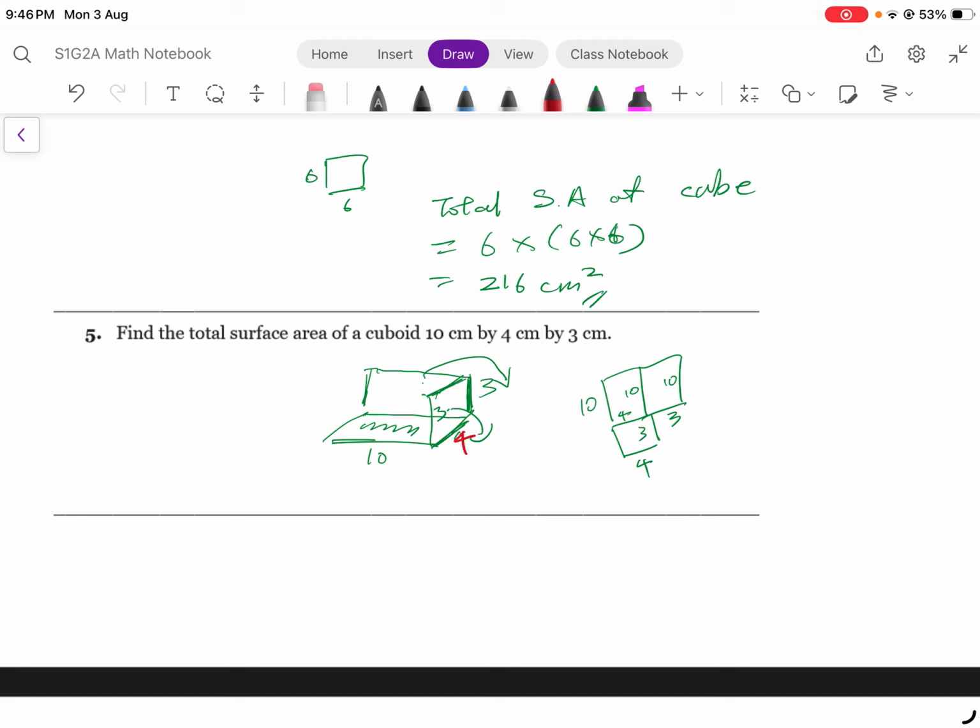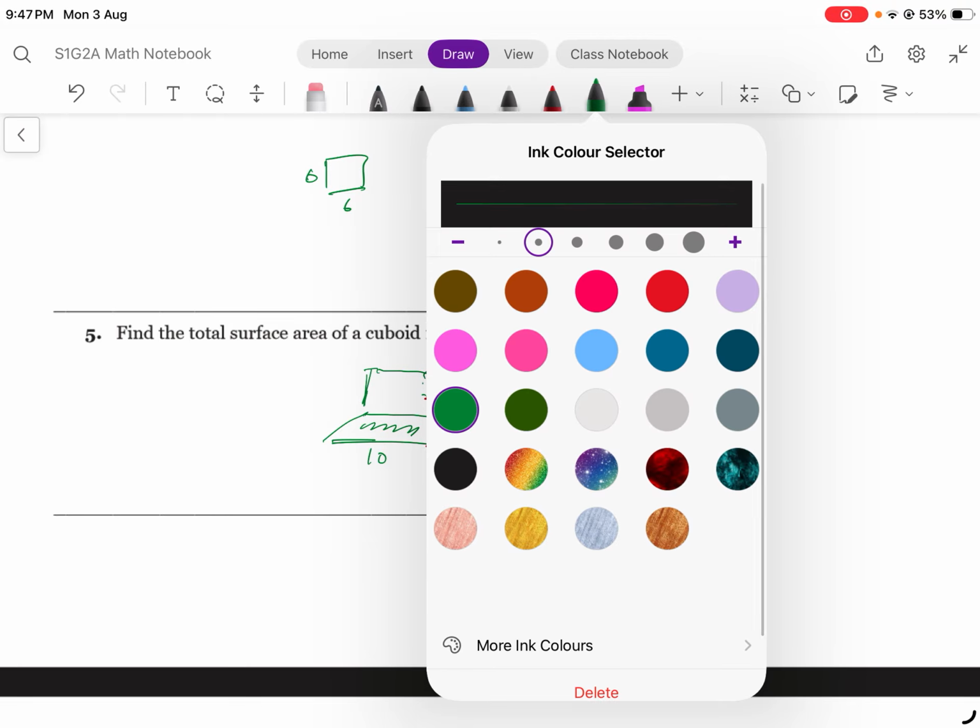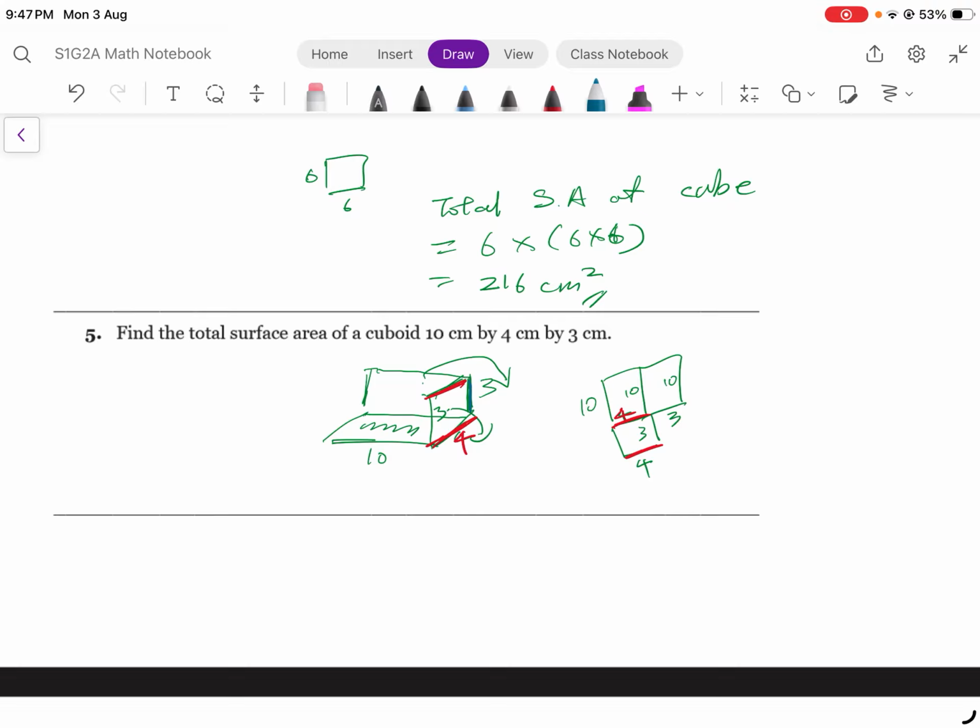So 4 will be here and here. 3 would be blue. 3 is here, 3 is here. Then the last one is green, which is 10.